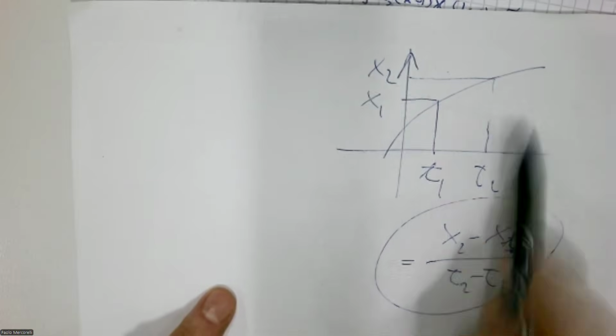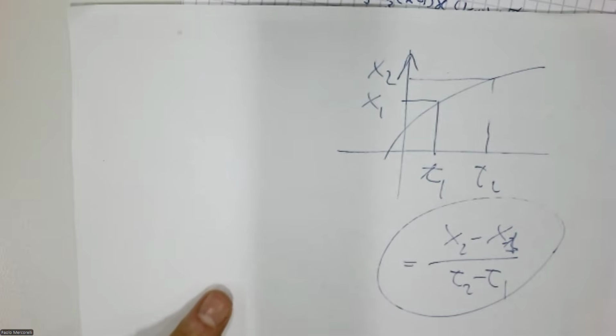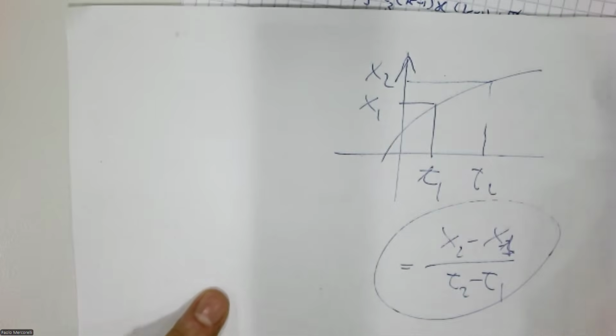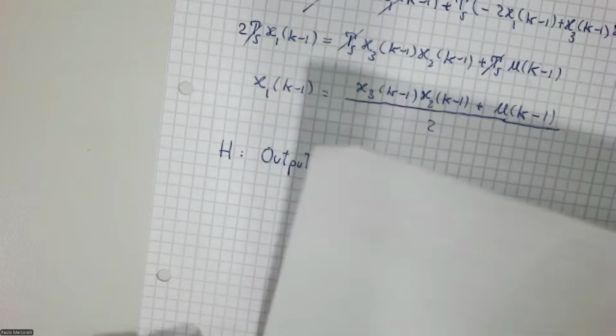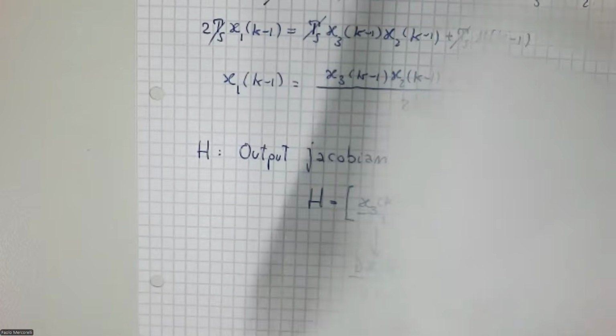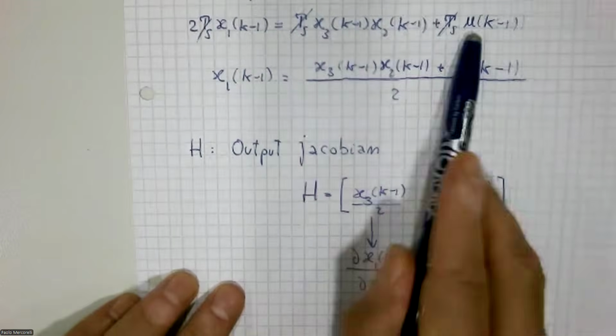But of course, because we have dynamics, because we are changing, it is very important also to choose the interval which we have in between. In fact, we don't have Ts.